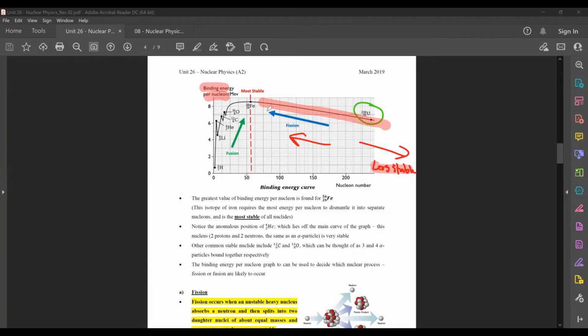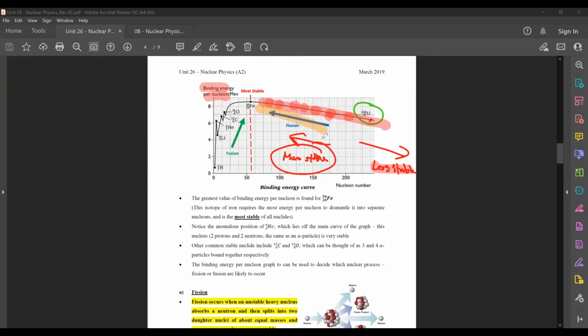But if I go up the graph, my binding energy per nucleon is becoming higher, so I'm becoming more stable. So when anything undergoes some sort of nuclear reaction, the goal is always to become more stable. So for uranium-238, it will tend to move up the graph. But you will notice one thing.